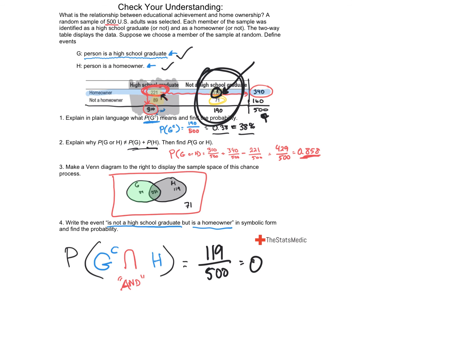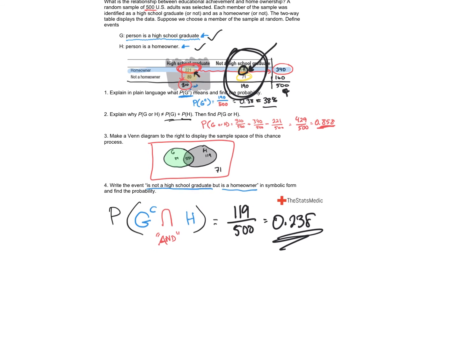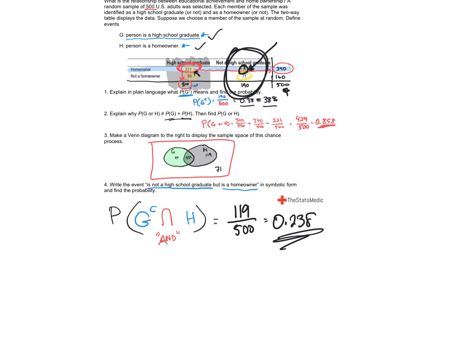So we're going to go 0.238. All right? So there you go. So notice it didn't say given that they're a high school graduate. No. They said that they are not a high school graduate and is a homeowner. That's the 119 people. Do you see them sitting in that spot out of the 500 people that are available to me? So basic probability comes into play there. All right, there you go.